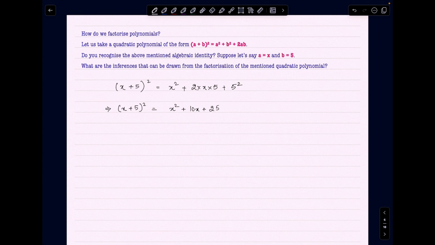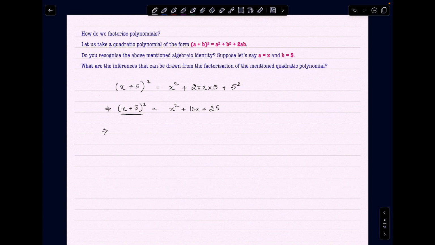Now let me write this equation in terms of 5. Only in terms of 5, not 5 square, 5 into something. How will we write it in terms of 5?